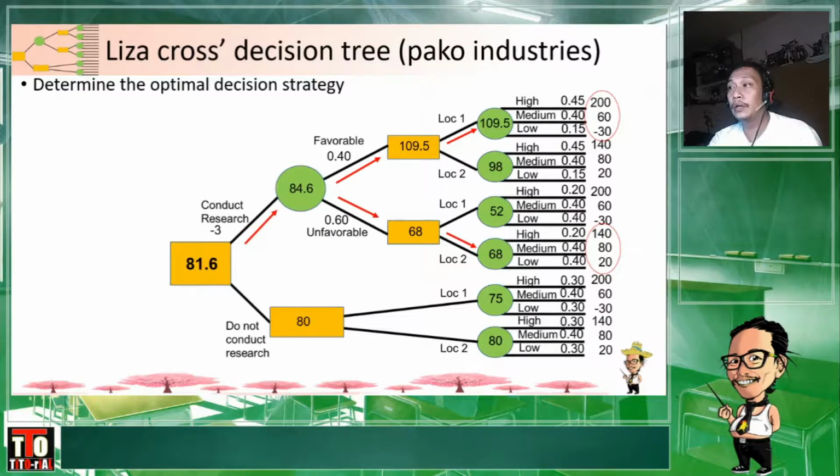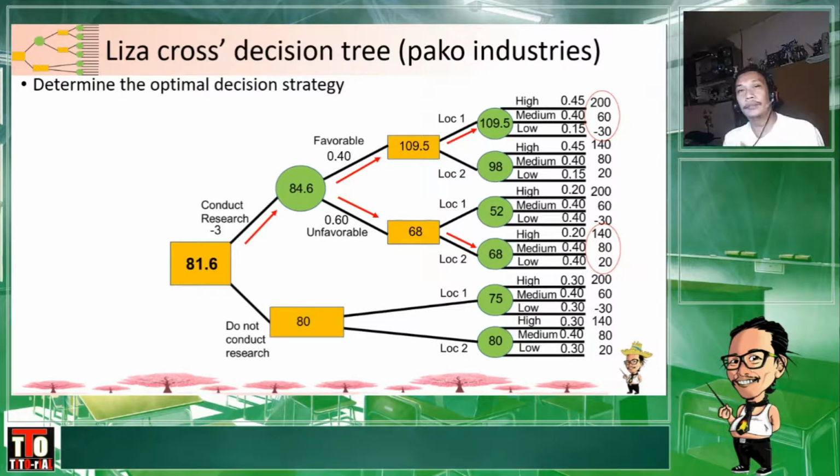Na pwede kay location 2 na magkakaroon ka pa rin ng sales ng 140,000 kung mataas ang demand, kung medium naman yung demand is 80, or kung low is 20. So, binibigyan kanya ng option. So, after mo mag-conduct ng research, kung na-determine ni research na favorable sa market, go ka kay location 1.